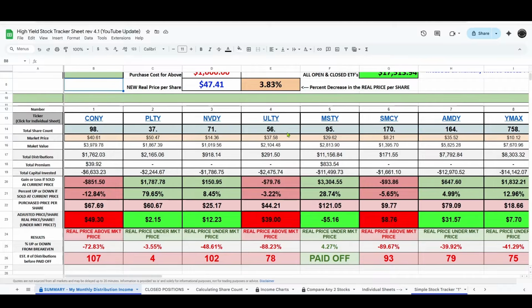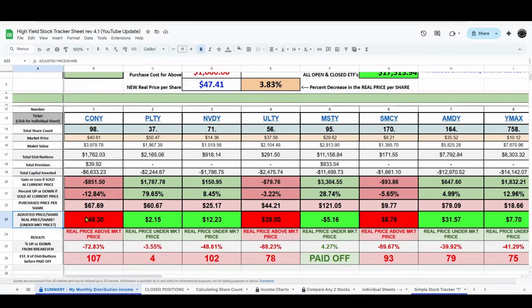Now, of course, on the summary page, the most important piece of information on this sheet that I feel is the most important piece is that adjusted price per share, or what I like to call the real price per share. This number here is the most important piece of information in my opinion, because this tells you if you were to sell all your shares at that market price, which is also pulled into this sheet, then it will let you know if you would be in the red or green.